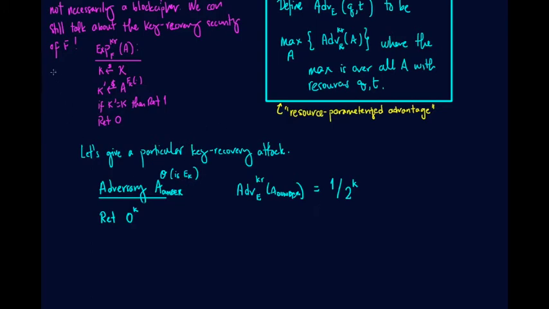Okay, let's try to be a bit more smart then. Let's not just do this. So let's not be so harsh. We're going to make up a new adversary A and ask what its advantage is going to be. So how about this adversary?